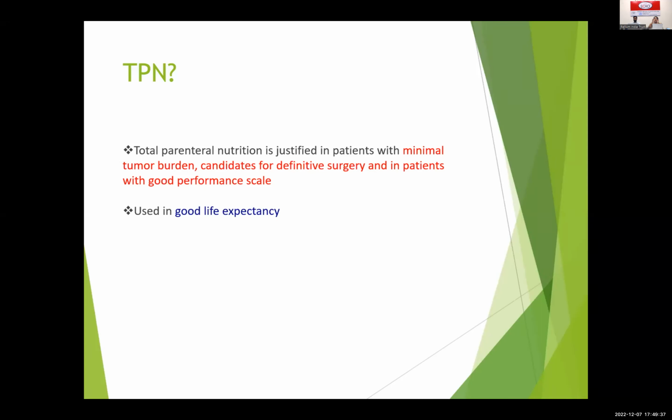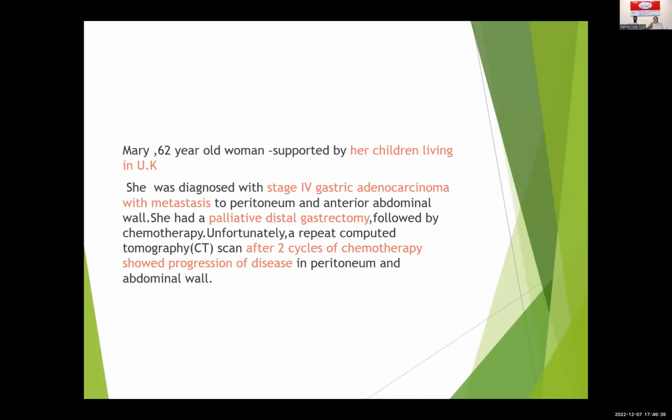So next slide. Here we come back to this case of a 62-year-old woman, Mary, supported by her children living in the UK. She was diagnosed with stage 4 gastric adenocarcinoma with metastasis to peritoneum and anterior abdominal wall. She had a palliative distal gastrectomy followed by chemotherapy.